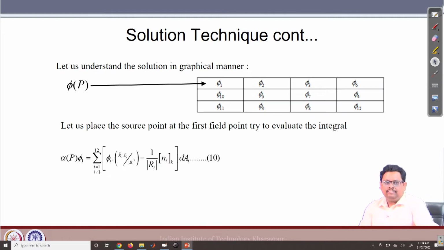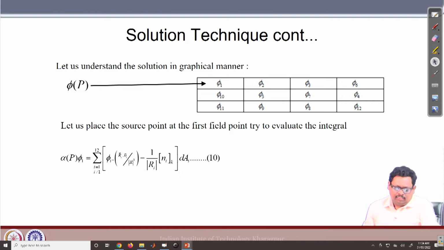Now, you see, we understand that phi is any point in the fluid domain. If phi is any point in the fluid domain, then phi can be a point on this surface also. So, this phi could be phi 1 also, right.